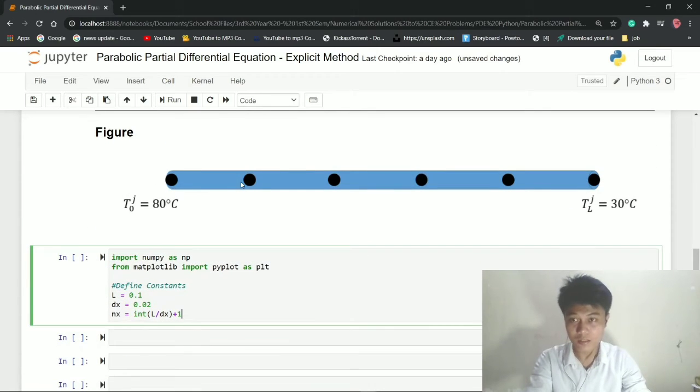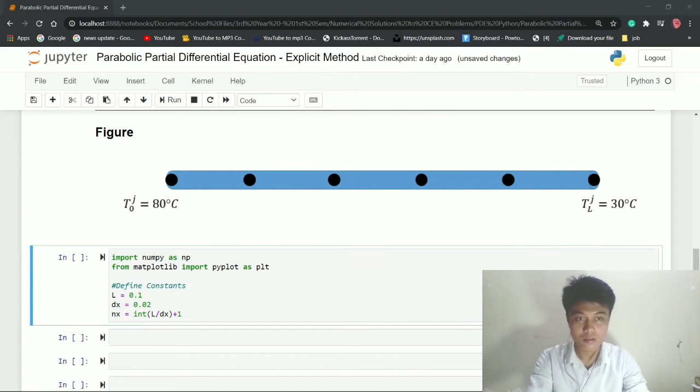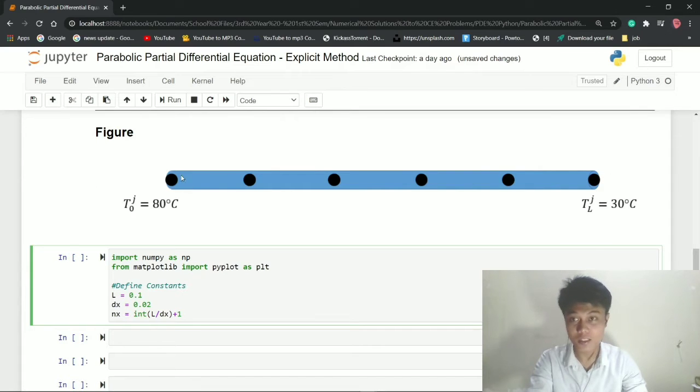Kapag i-divide natin yung length natin by dx, makukuha lamang natin itong unang space na ito, tsaka ito. So, 5 lamang siya kapag hinati natin itong length na to ng 0.02. Meron tayong 6 nodes dito na kailangan hanapin yung temperature niya. So, kaya may plus 1 tayo dito.